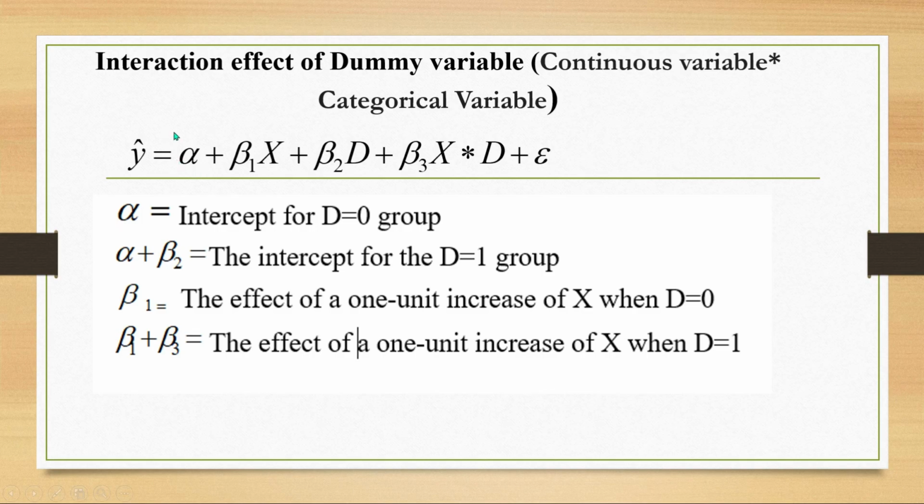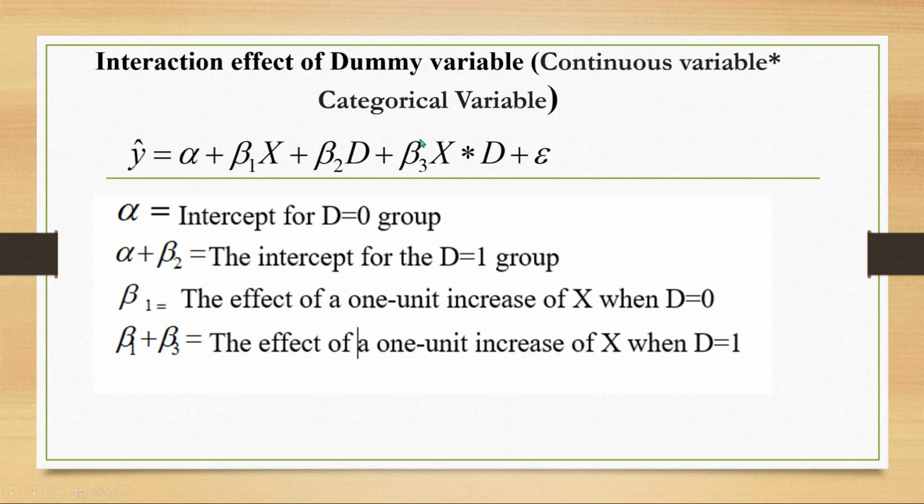The regression result alpha, that is the intercept term, explains the mean value of the dummy variable's base category. That means whatever your base category was, its mean value is represented by the intercept term. When you add the intercept term with the coefficient value of the dummy variable, you will get the mean value of the other category of the dummy variable.